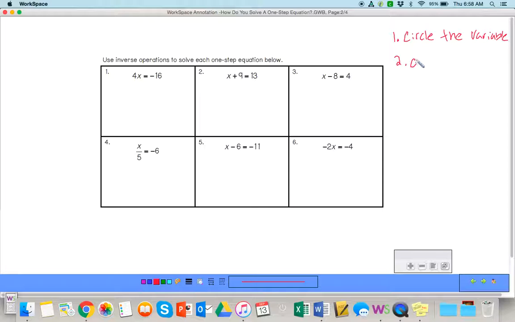Two, draw a line through the equal sign. And then identify the operation that's happening.